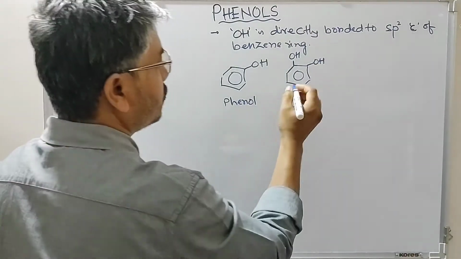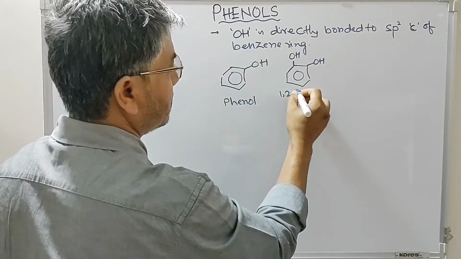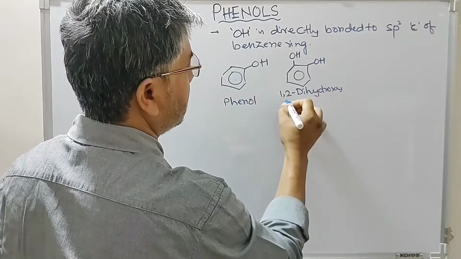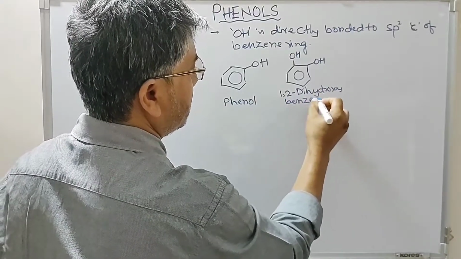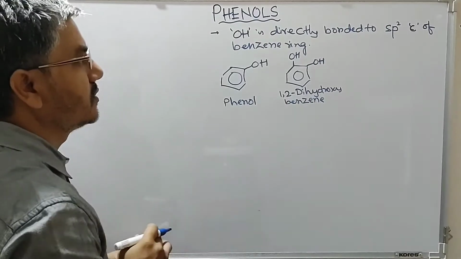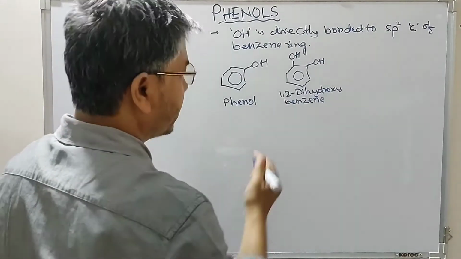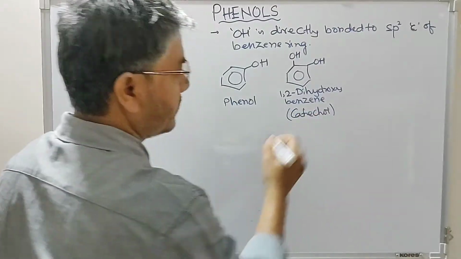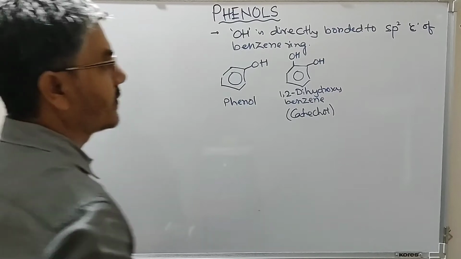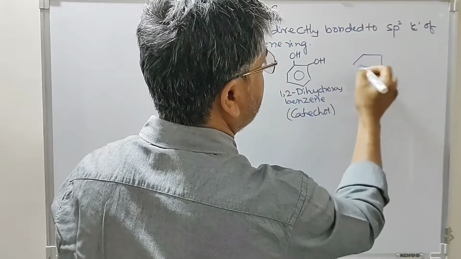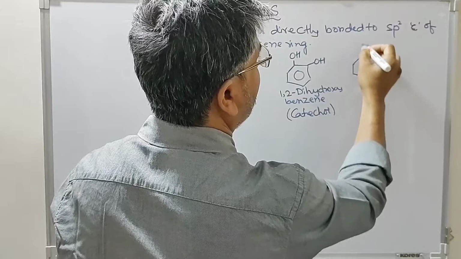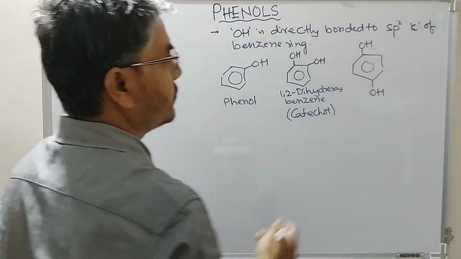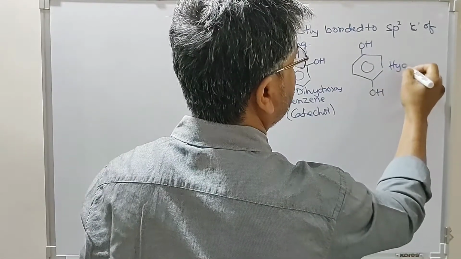So this is 1,2-dihydroxybenzene, which is commonly known as catechol. We have looked at this 1,4-dihydroxybenzene, which is commonly known as hydroquinone.